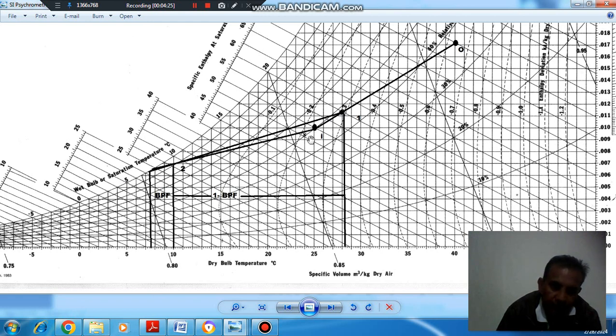So now we have three conditions: I, 1 and O. O is outside air, I is inside air, and 1 is after mixing.